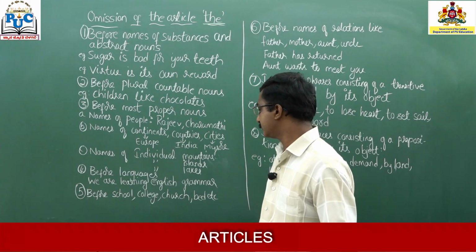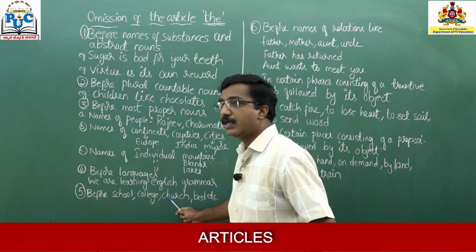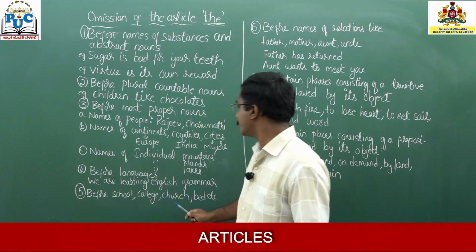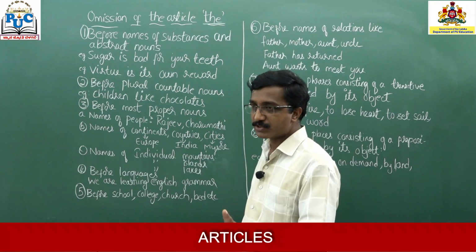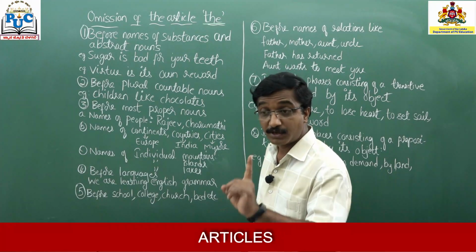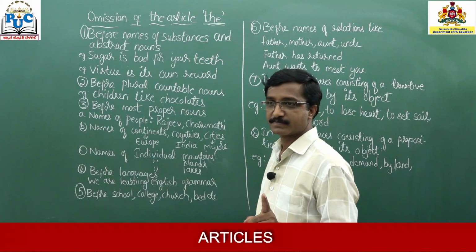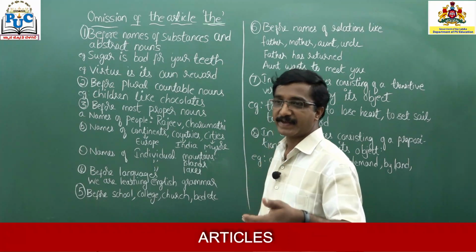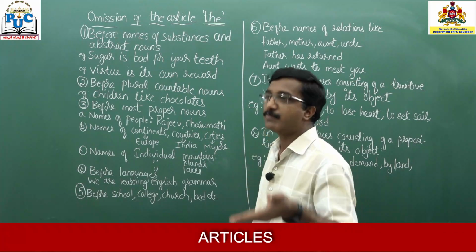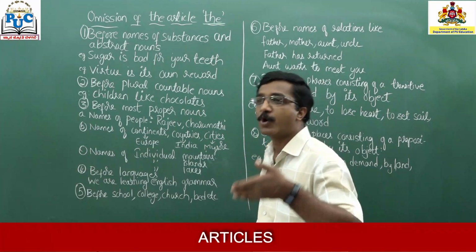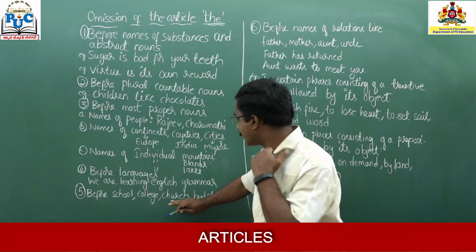For example, I went to the church. It means that when you use "the church", you did not go there to pray or attend the mass. Maybe you went there for someone whom you wanted to meet, other than attending the mass or the prayer.